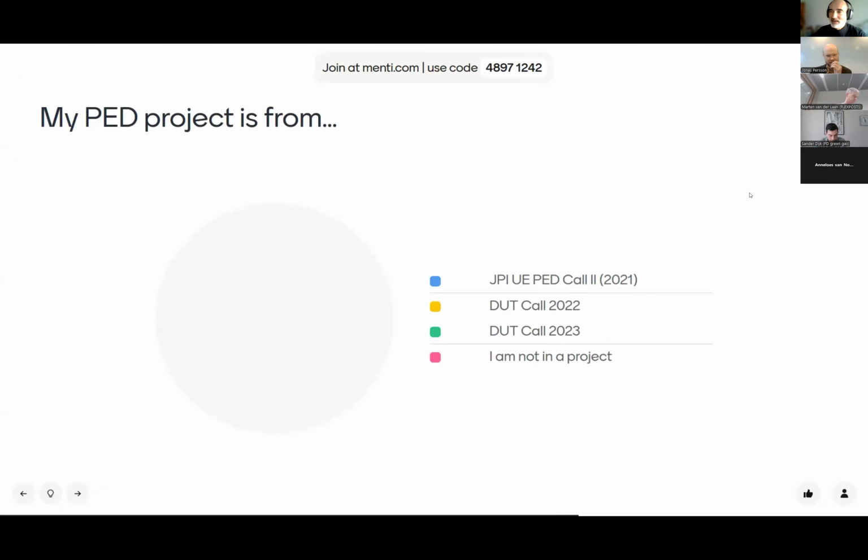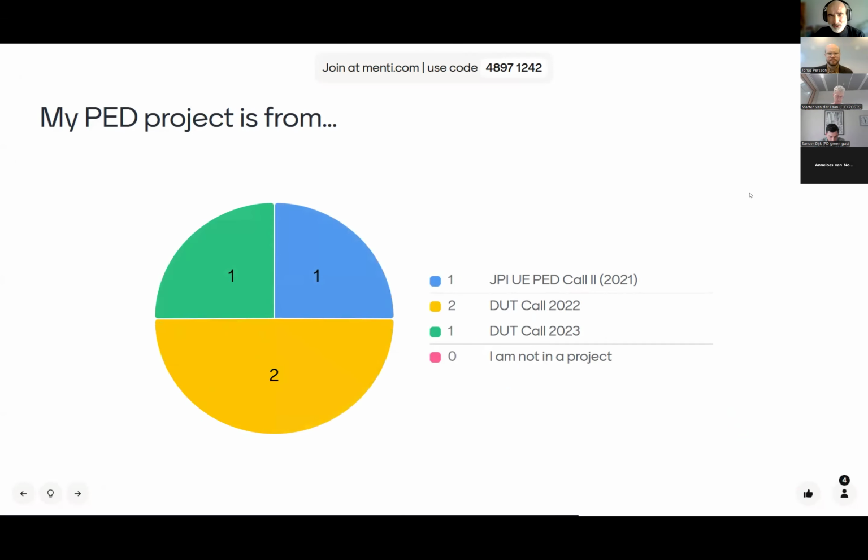Which project generation are you working in? So this is, I think, the first time that we explicitly also invited projects from DOT Call 2023. And it's great that already some people of that project generation are participating. Nice.